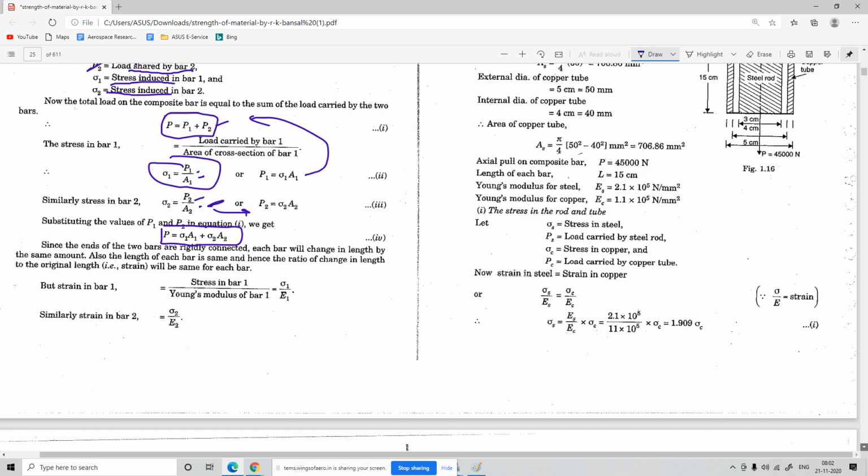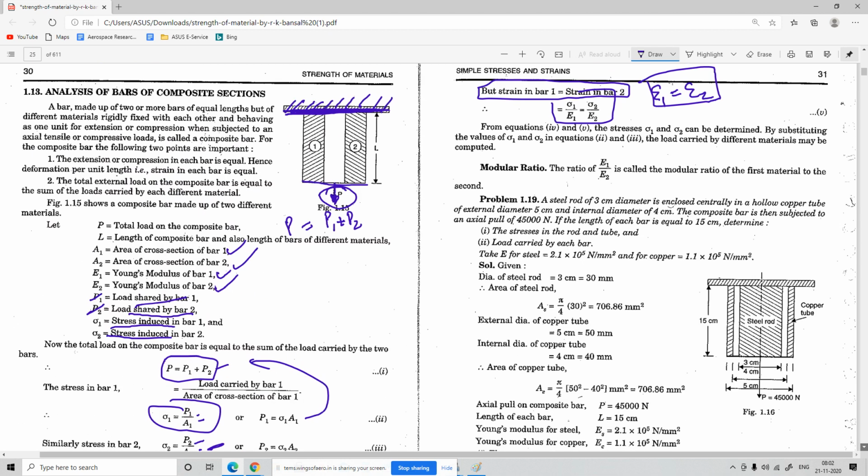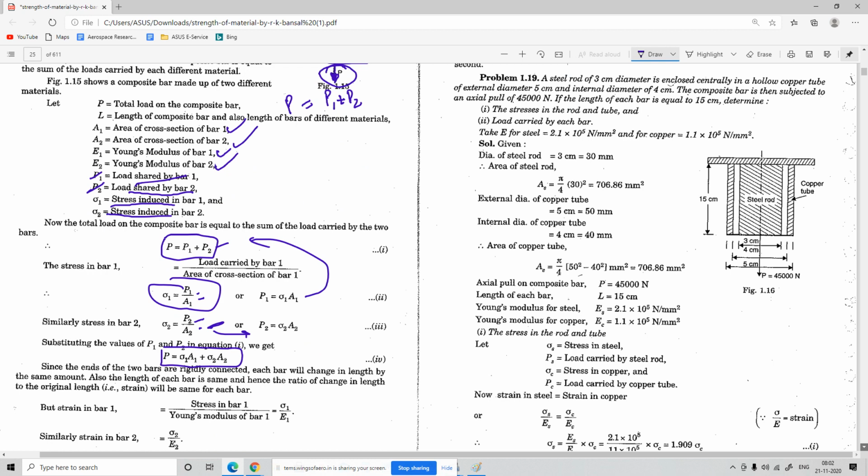Since the ends of the two bars are rigidly connected, that means they have some kind of plate where they are connected, and overall they are applying the load. Due to that, each bar will change in length by the same amount. Also the length of each bar is the same, so the ratio of change in length to the original length will be the same for each bar.